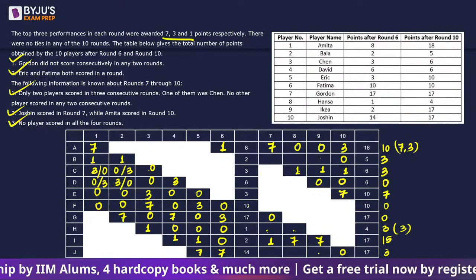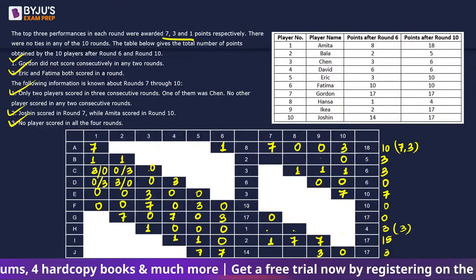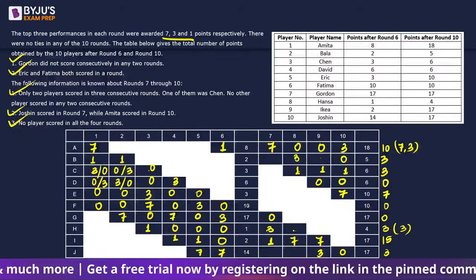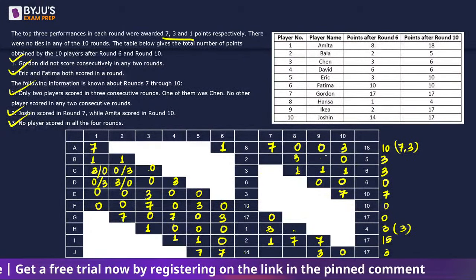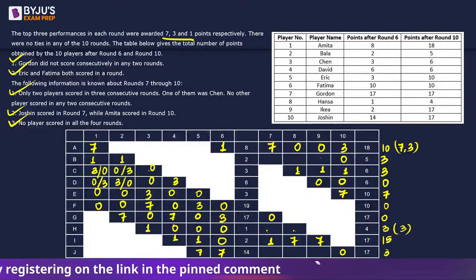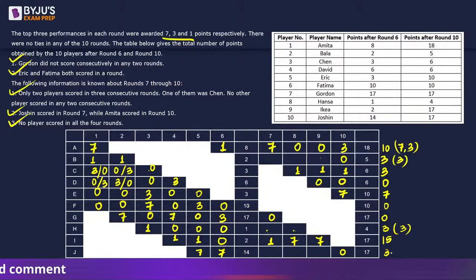Suppose I put a 3 here. This 3 can go here and that 3 can come here. So we'll have 7-1-3, 7-1-3, 7-1-3, 7-1-3. सारे हो जाएंगे. Right? This 3 is supposed to be a 3 and this 3 is supposed to be a 3. And we have already placed 7 and 3.